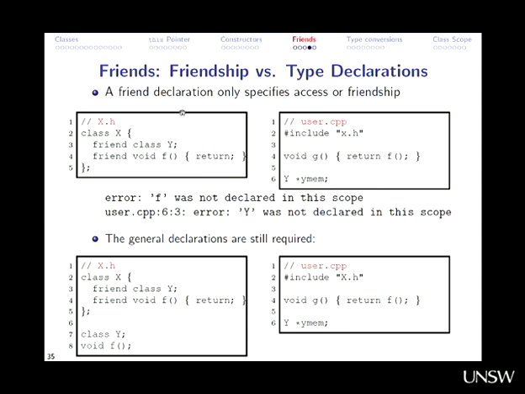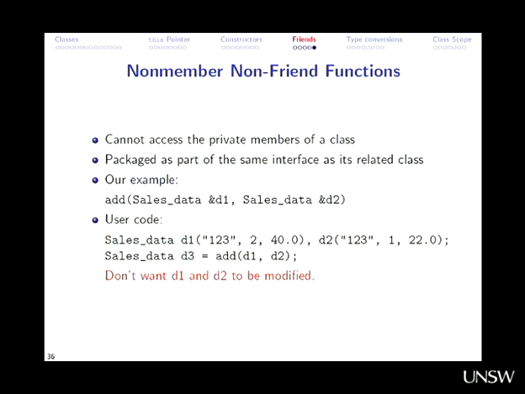So a friend declaration only specifies access or relationship. It doesn't declare these things in memory. Things that aren't friends and aren't function members or class members cannot access the private members of a class. But you might still package them in the same set of libraries.